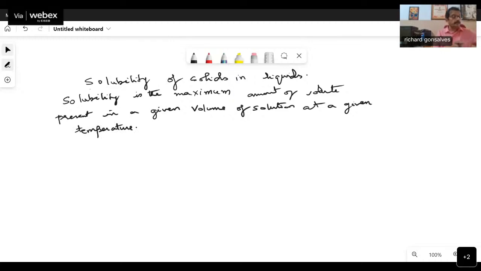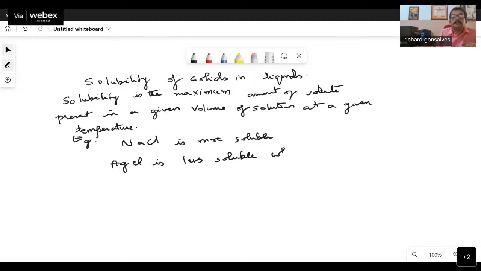Now, how does the solubility depend? Some solutes are more soluble, some solutes are less soluble. I am giving an example. Why is sodium chloride more soluble while silver chloride is sparingly soluble?